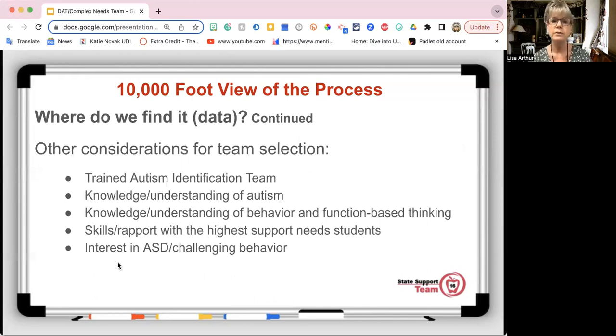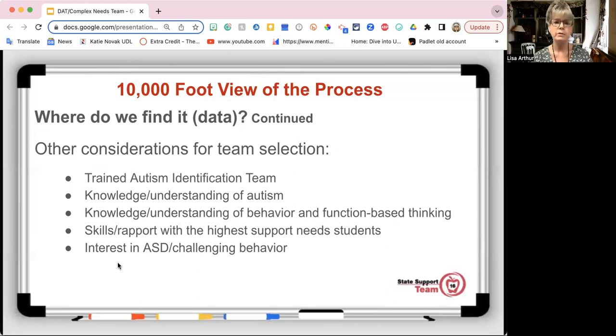Other considerations for the team member selection: think about whether your district already has a trained autism identification team, which is different than your district autism team. OCALI, in collaboration with Ruth Aspy, puts out a training that trains a team for the identification of autism. If you have that team in your district, you certainly want to have some of those members present as a part of this team.